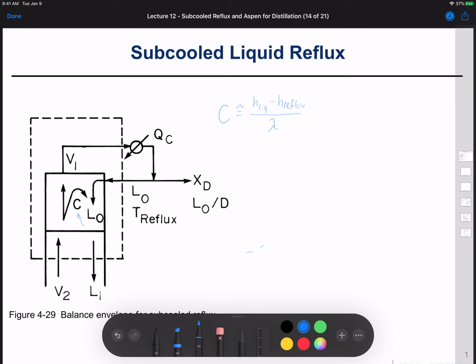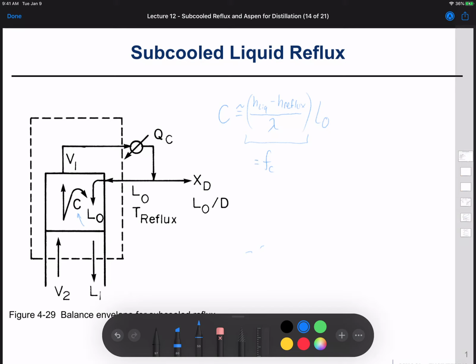And if we have that information, then this gives us a factor that we're going to call F sub C that describes how much we're going to have to steal from that vapor stream to make up this energy balance.